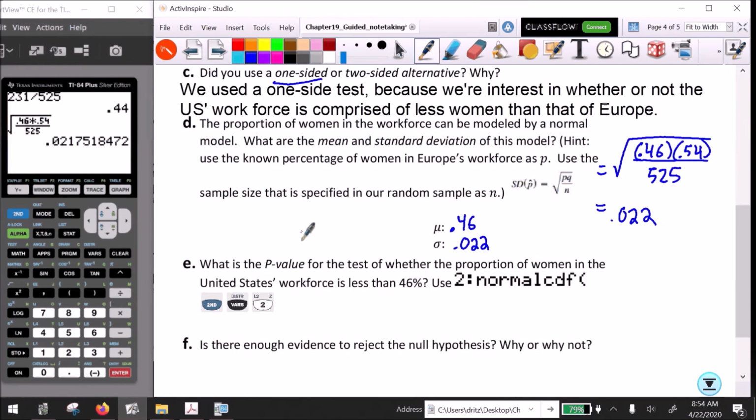So our P hat was 44%. Is that small enough for us to reject the null hypothesis? Well, we're going to build a normal model based on a mean of 46% and a standard deviation of 0.022.